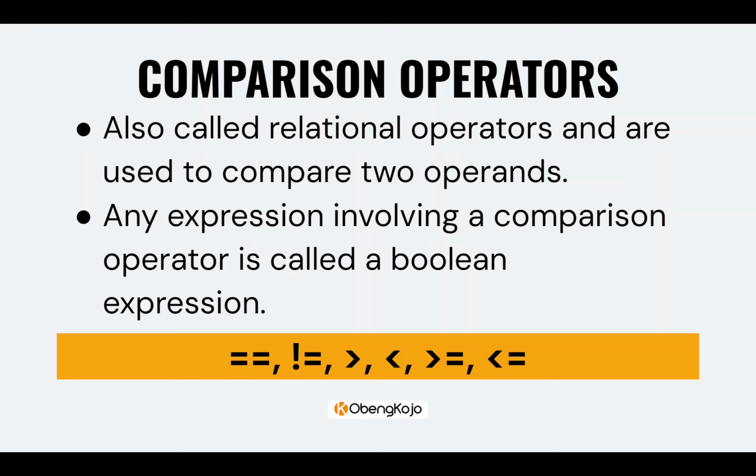Whenever we use a comparison operator to compare two operands, we end up getting either true or false. These are the basic comparison operators that we have: equal to, not equal to, greater than, less than, greater than or equal to, and less than or equal to. Now let's jump straight into Jupyter Notebook to really get to understand this better.